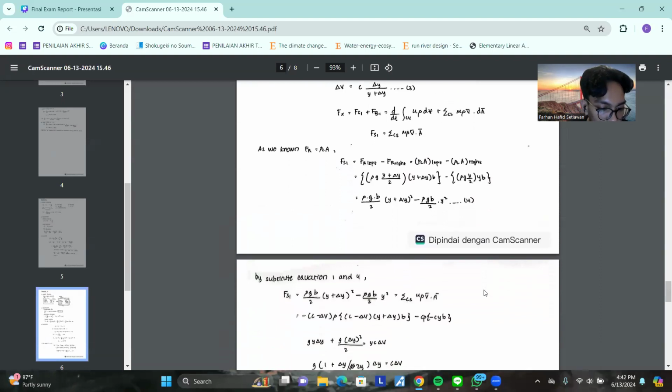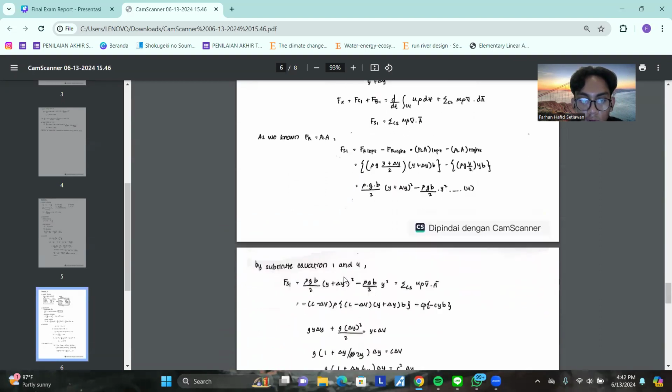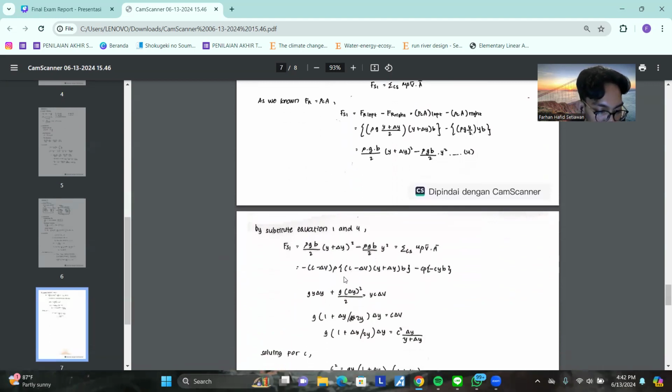So we can substitute into equations 1 to 4. We can conclude that Fs1 is rho g b per 2 times (y plus delta y) squared minus rho g b per 2 times y squared, equals the sum over the control surface of u times rho times V times area.